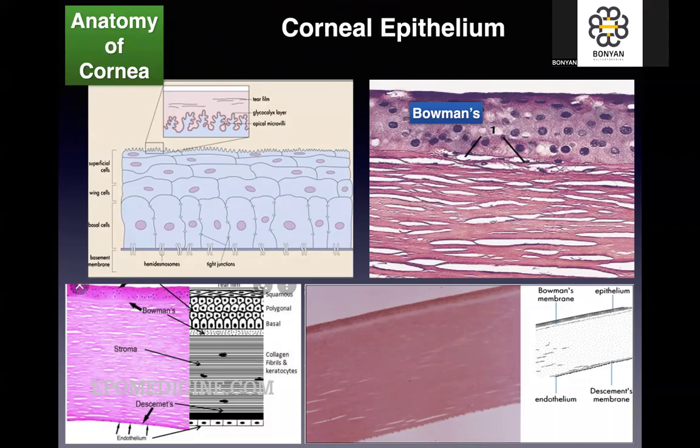And this property is very important for transparency of the cornea. I told you that transparency means that the light will pass without reflection, but in corneal collagen lamellae, there is around 10% reflection or scattering of light.